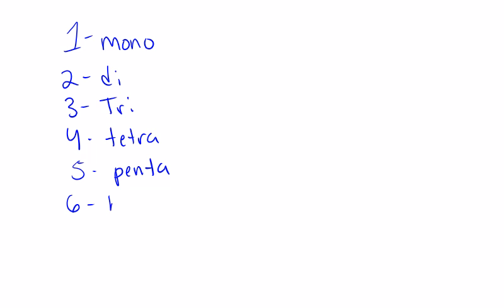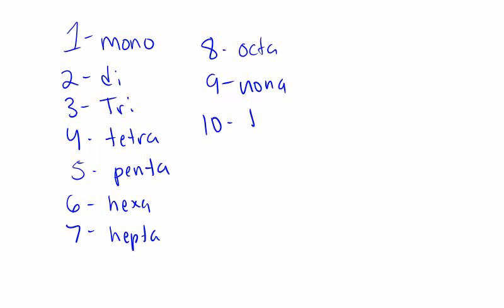We have 6 being hexa, 7 being hepta, 8, you guessed it, is octa, 9 is non, and 10 is deca. So these are a little different than they were with the organic, but really the biggest difference is 1 through 4, where you have mono, di, tri, and tetra. We're going to be using these prefixes. Don't get them mixed up with your organic prefixes, or you'll immediately be getting the problem wrong.